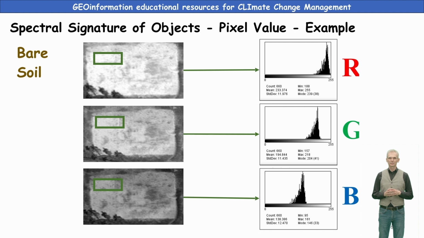The first object is a roof. Samples are taken at the same location on each image as far away from the object's edge as possible. In this way, the possibility of mixing reflection or emission from other objects is reduced.